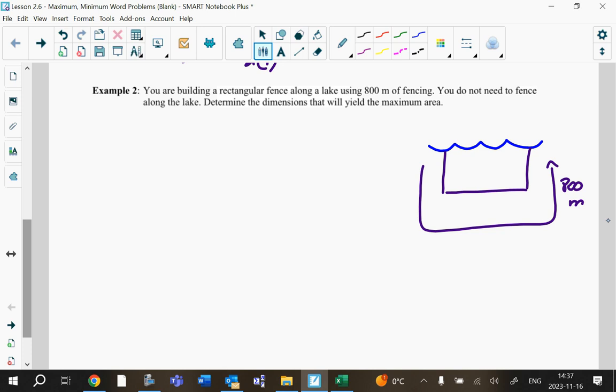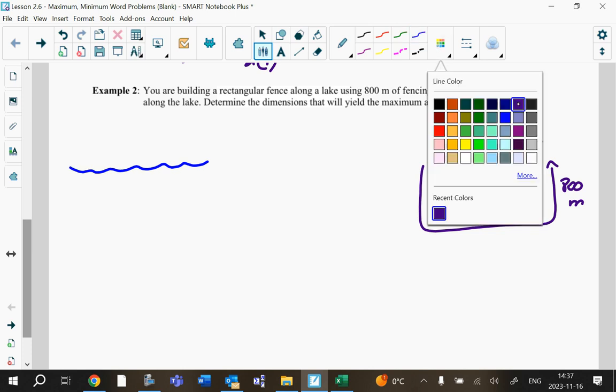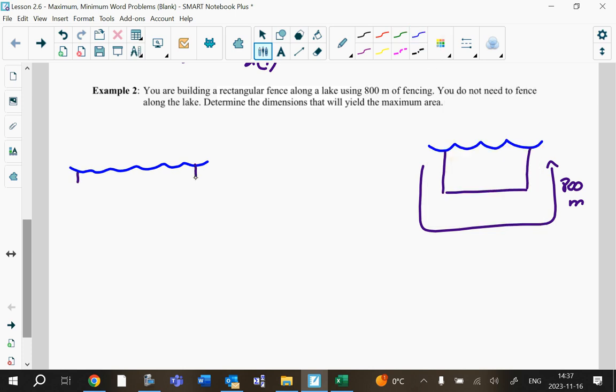So I need to find what dimensions will give me the maximum area. Because what I could do, you don't have to write this down, is make the widths really small and the length really long.